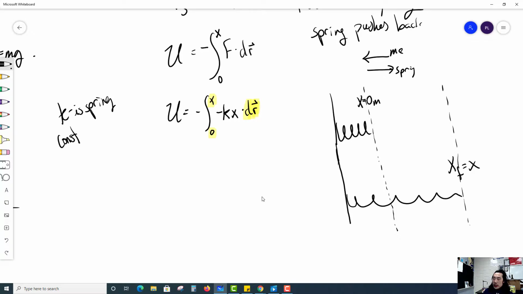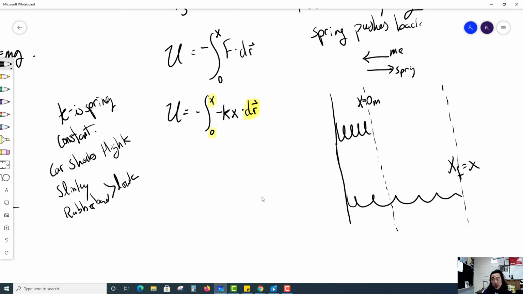So what that tells us is how stiff a spring is or how flimsy a spring is. So like car shocks, right? The thing that prevents the bouncing motion of a car, it has a high K. Okay, it's super hard to pull that apart. Versus like a slinky, right? Or maybe even a rubber band, easy to stretch, low K.